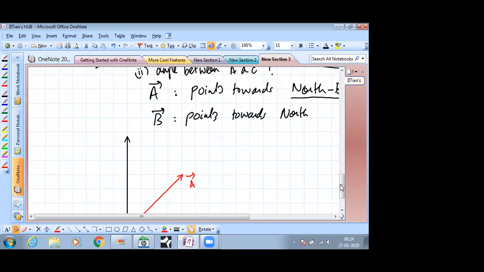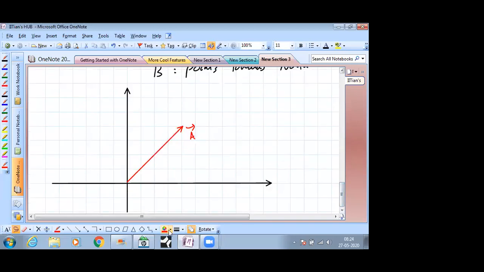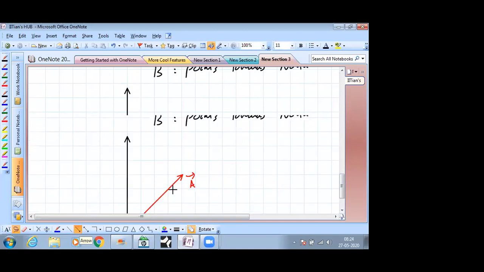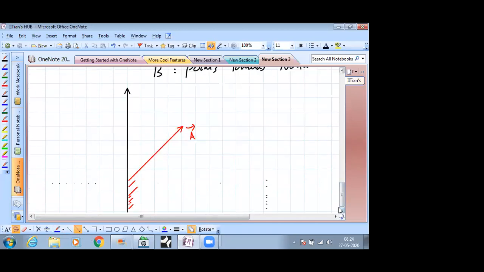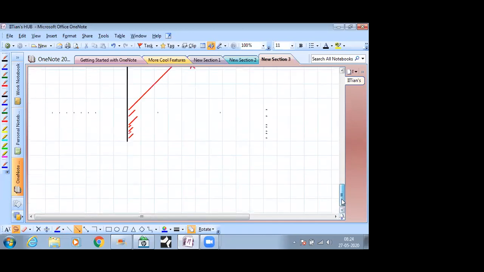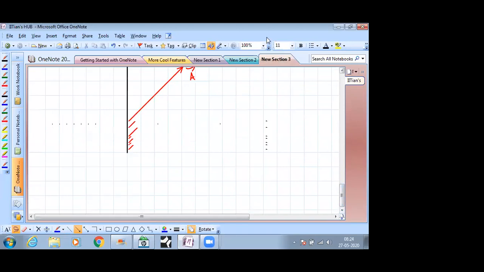Now similarly, we have drawn the vector C somewhere here like this. Just a moment.